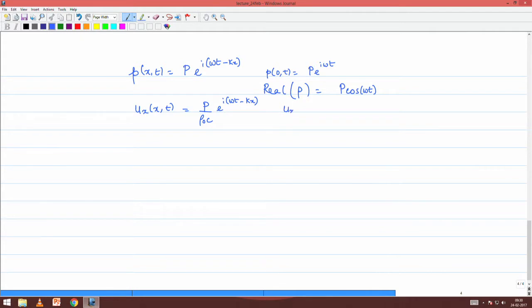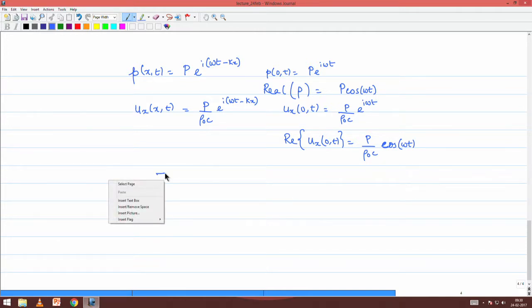So, u_x at this same position is going to be P by ρ0c e^(iωt). The real part of u_x(0,t) is going to be P by ρ0c cos ωt, right.